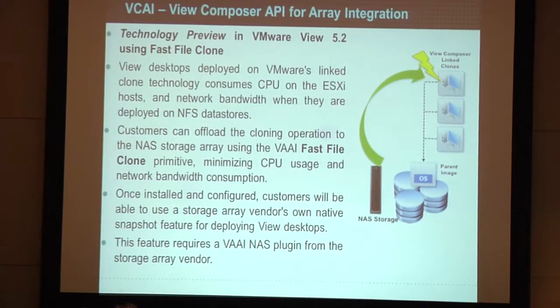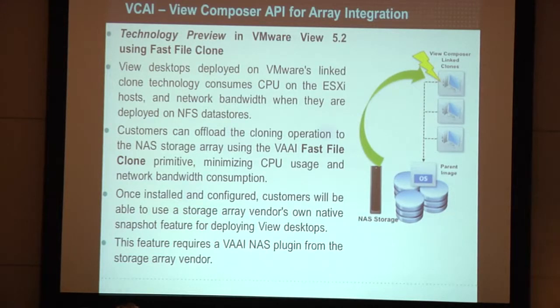VCAI, View Composer API for Array Integration. Available in View 5.2. So it works only on View's linked clone technology. And it means it's offloading the linked clones onto the SAN. Very good. It means that it's a lot faster and a lot less wasteful of resources on the hypervisor layer.